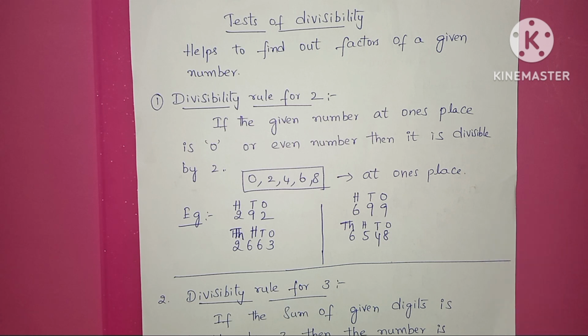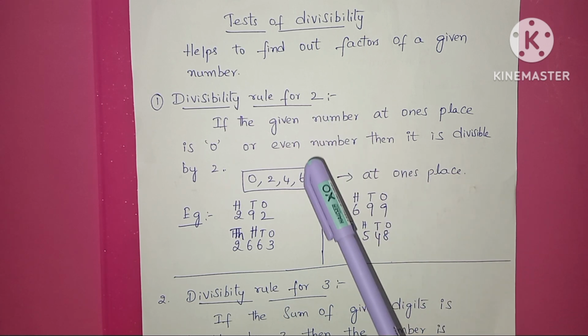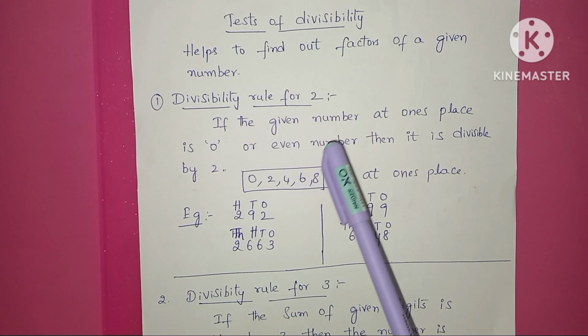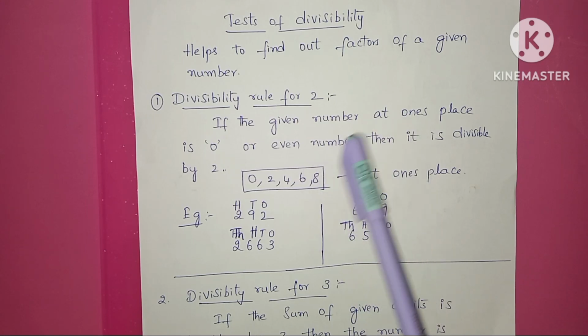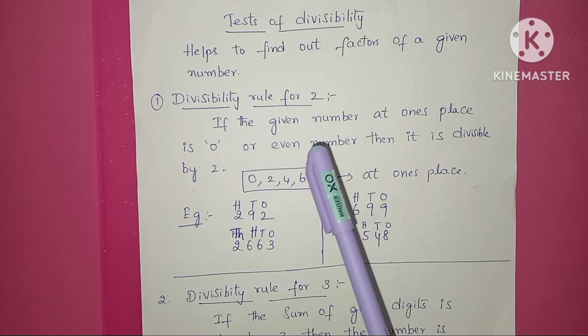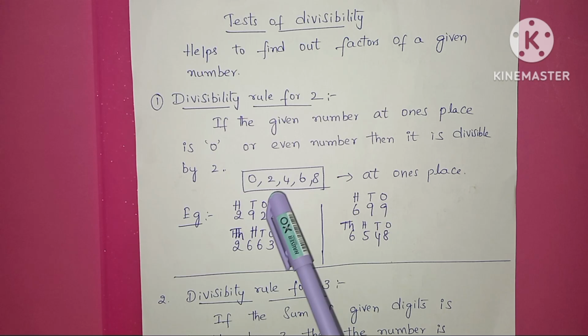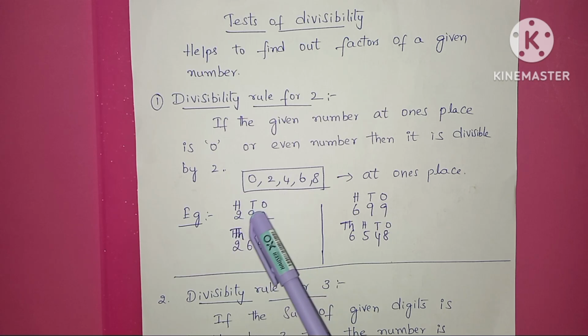So coming to the divisibility rule for 2, the number given may have 3 digits or 4 digits. A 3 digit number has ones place, tens place and hundreds place.